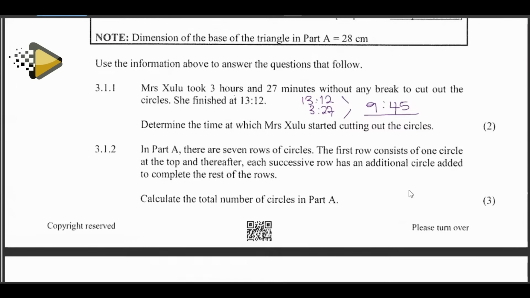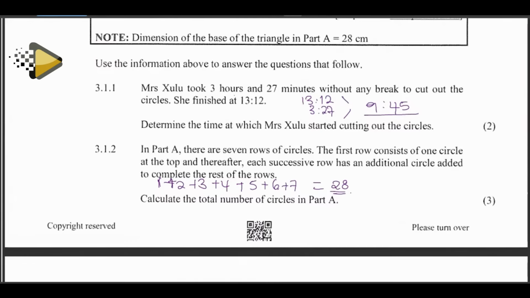So meaning, if there are 7, we shall have 1 plus 2 plus 3 plus 4 plus 5 plus 6 plus 7. All in all, I believe you get something to do with 22. Let's see, this is 6, 10, 15. 15 plus 6, you get 21. 21 plus that, you get 28.